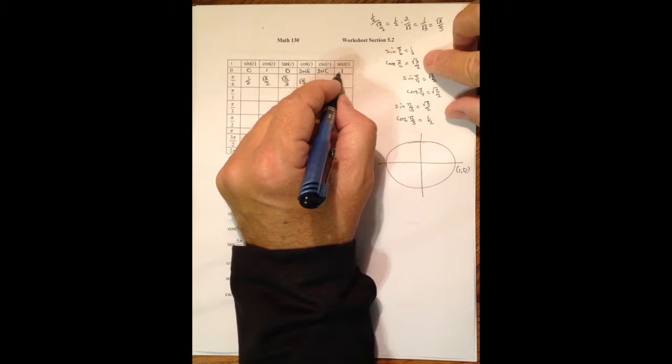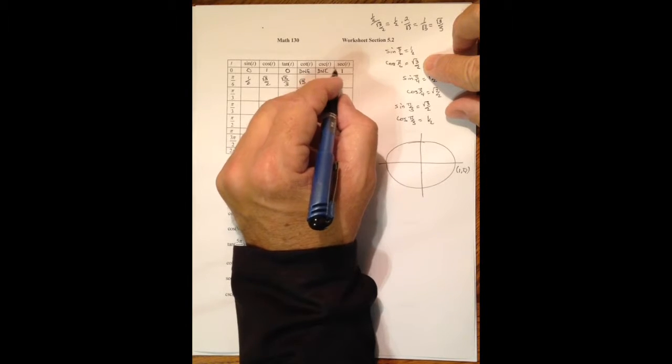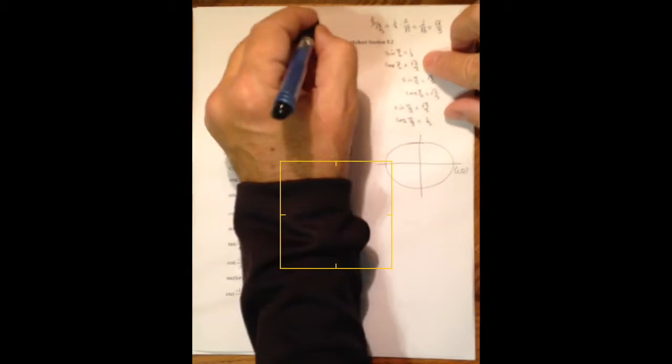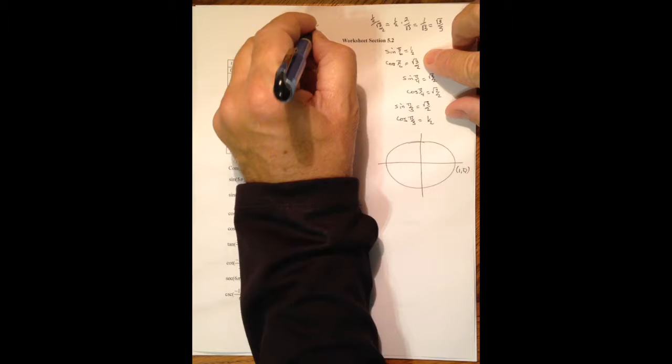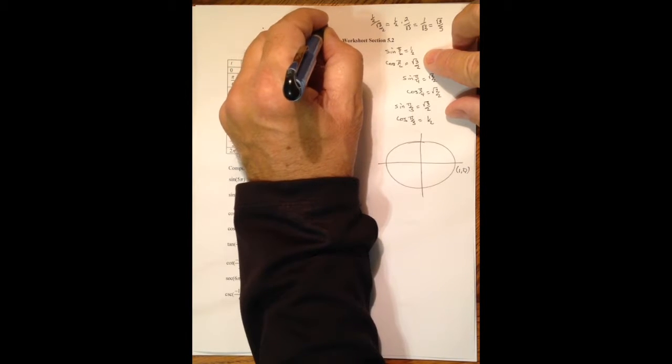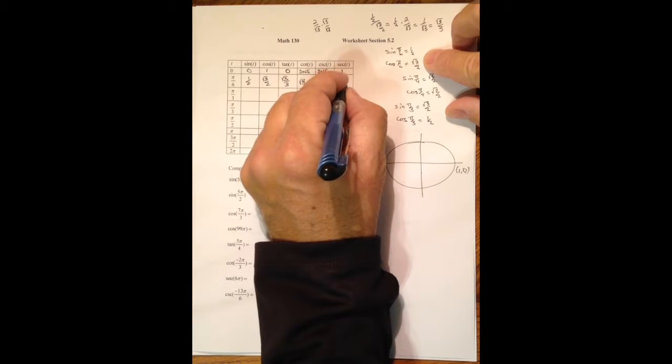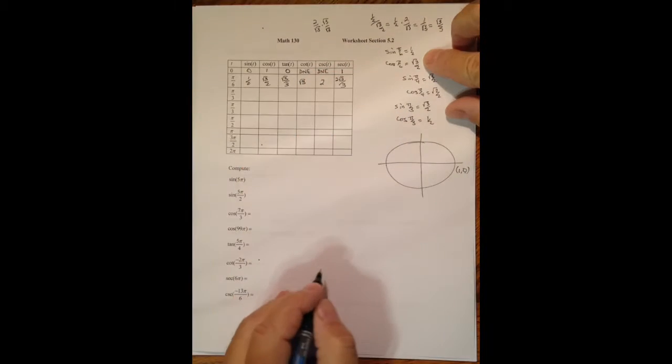Secant is 1 over cosine of pi over 6. So that's going to be 2 divided by square root of 3. And then when we rationalize, we get 2 square root of 3 over 3.